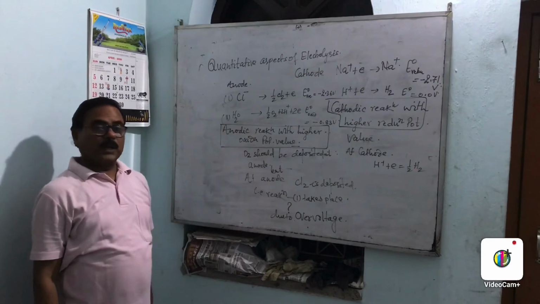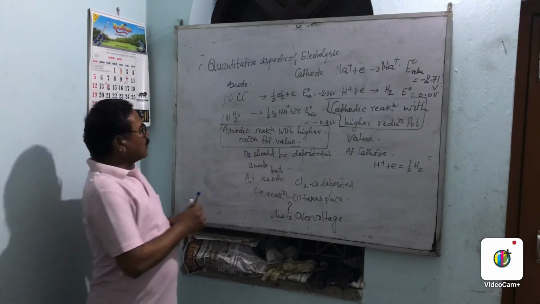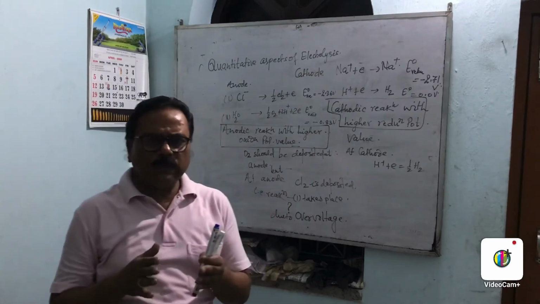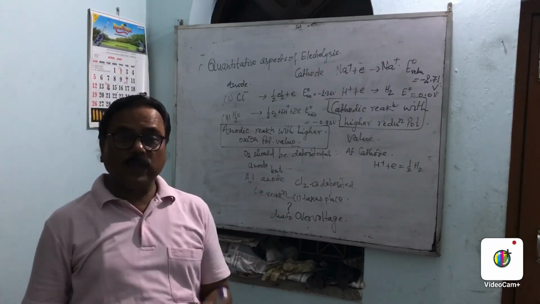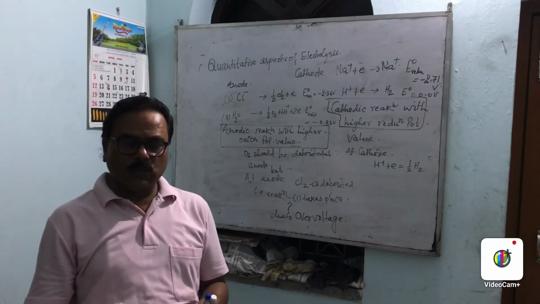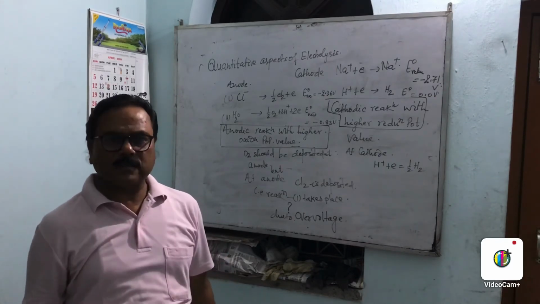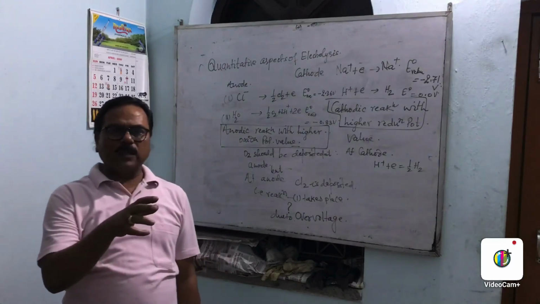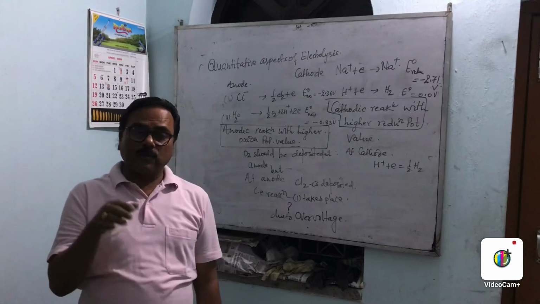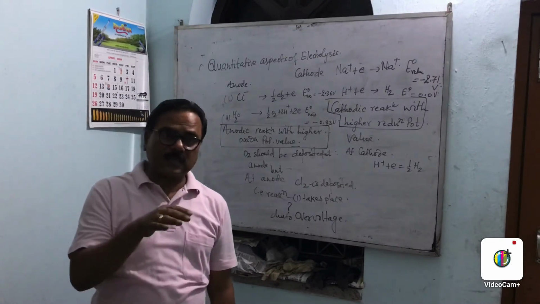Now what is overvoltage? Because the oxidation of water is kinetically a very, very slow process, it will create electrical resistance. In order to overcome the electrical resistance, we have to supply extra energy, the extra voltage.